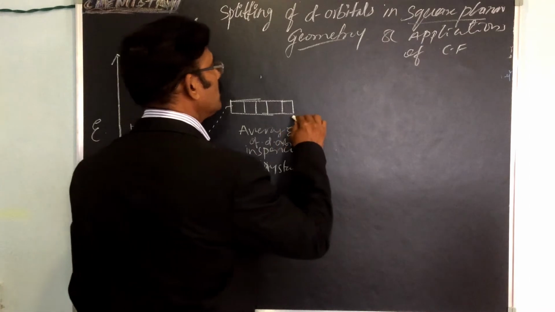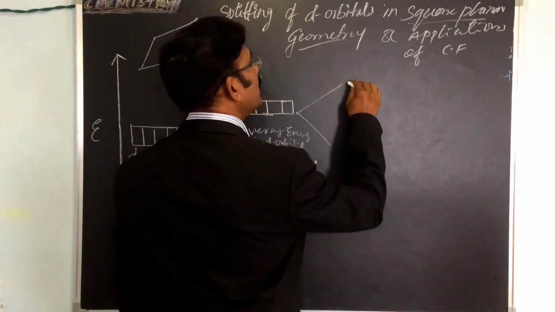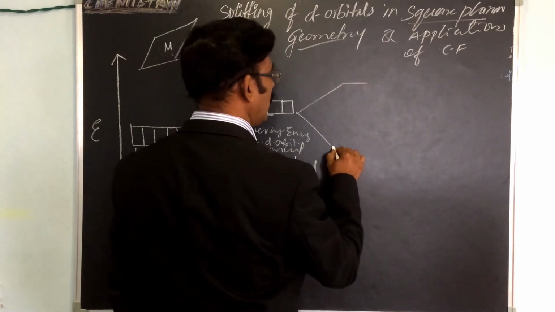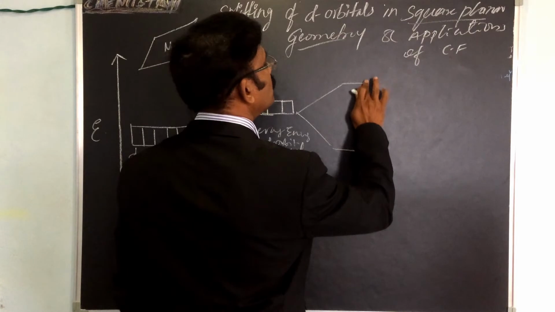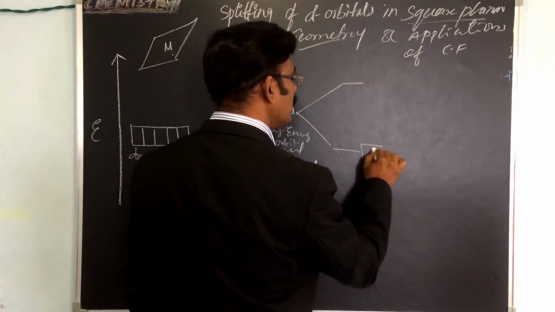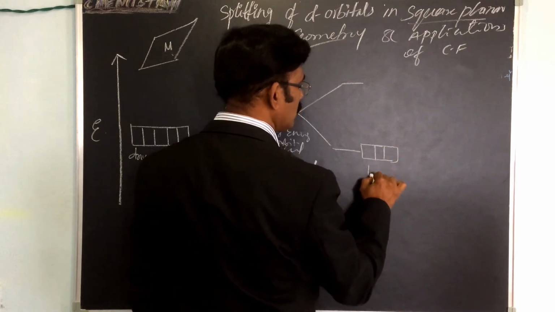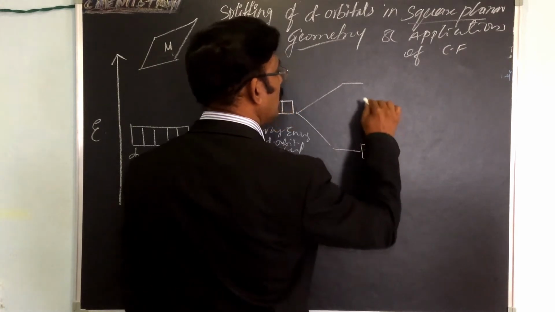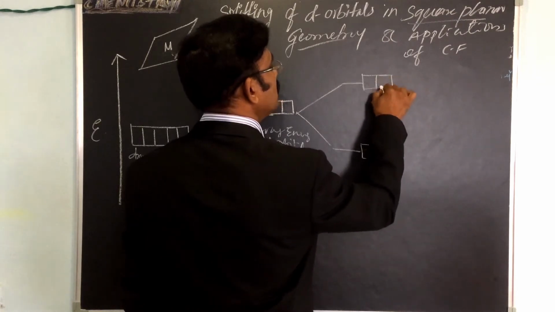And here they split into two sets, the eg set and the t2g set.